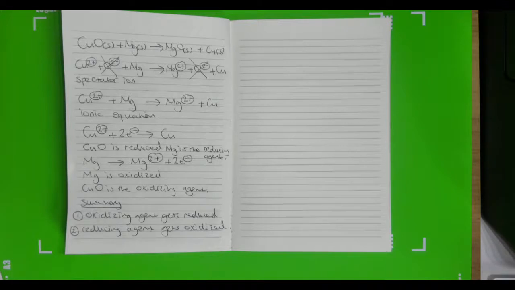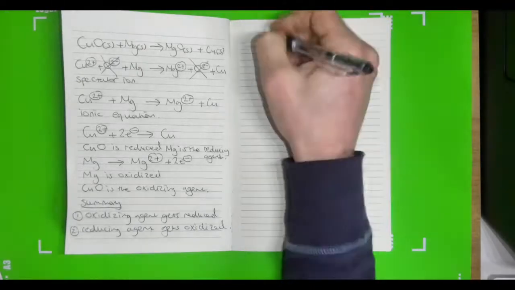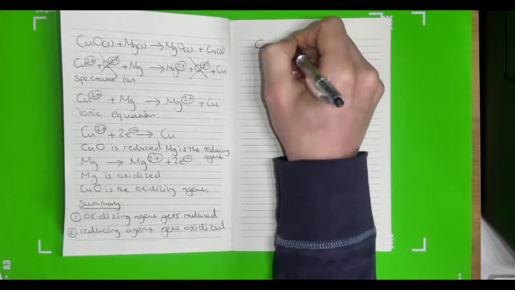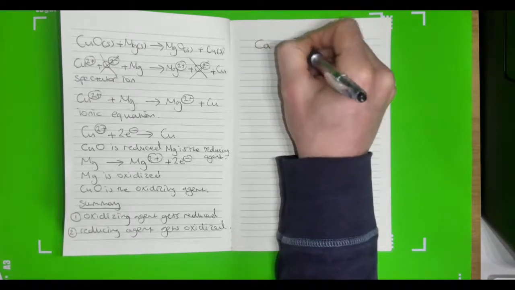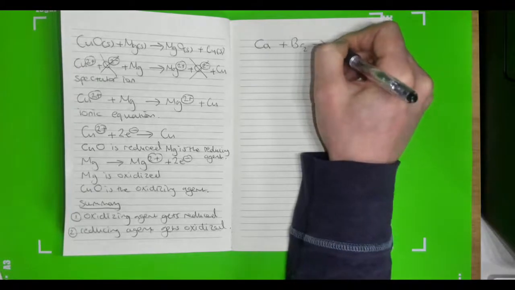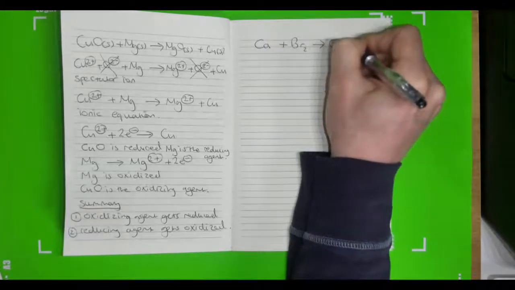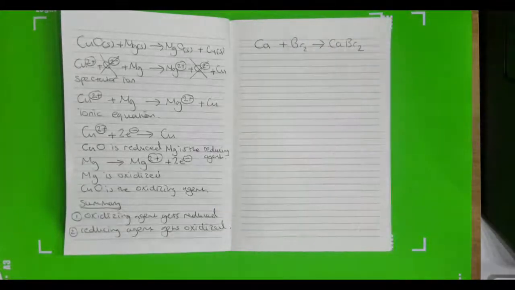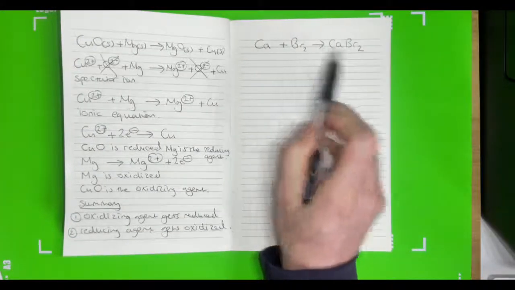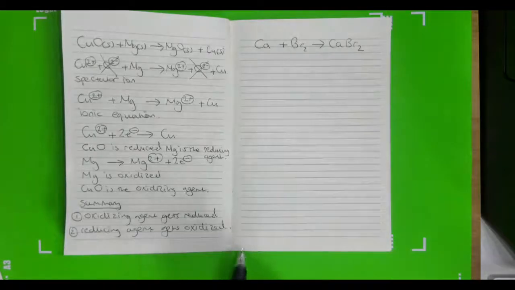Okay, let's write down another equation here. So we've got calcium plus bromine makes calcium bromide.